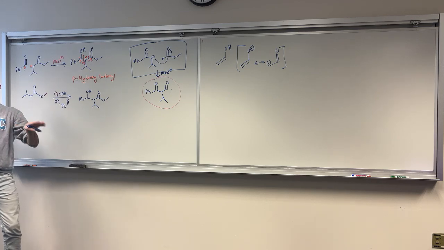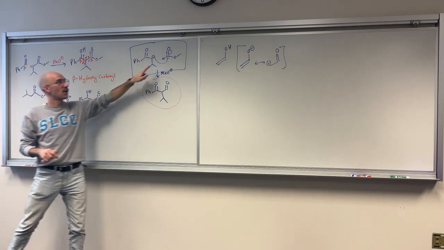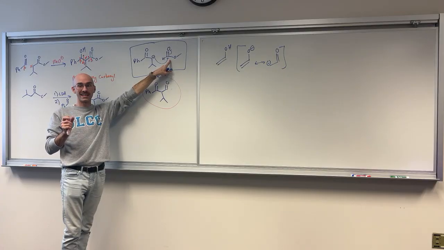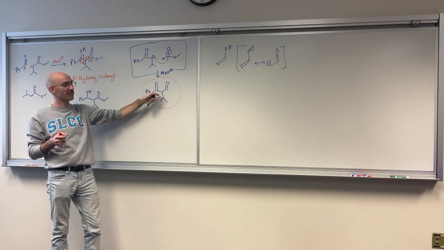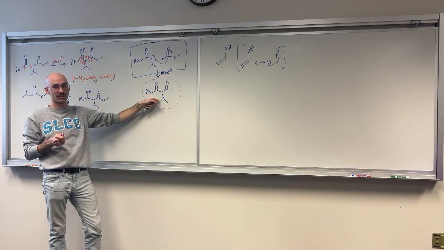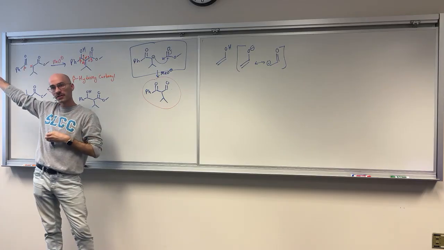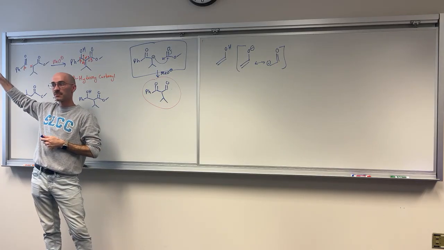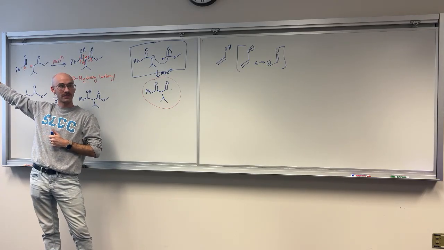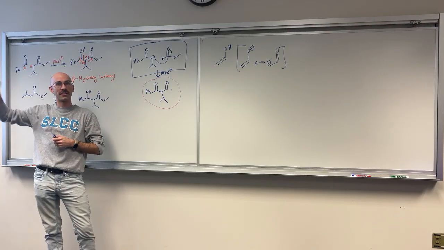Regardless of what your nucleophile is, when your electrophile is an ester, you get beta acyl carbonyl. So these crossed condensations, it doesn't matter what the nucleophile is. The product is based on the electrophile.